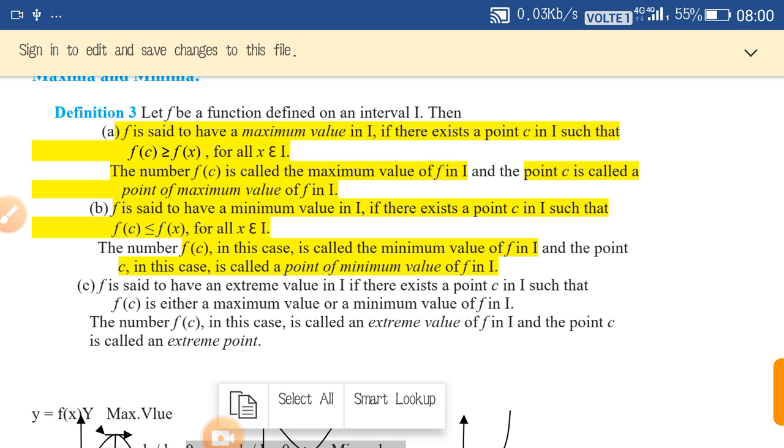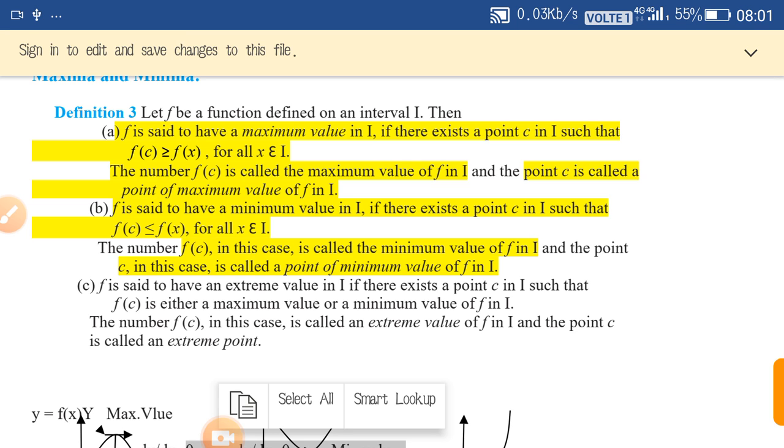Similarly, f is said to have a minimum value in interval I if there exists a point c in I such that f(c) is less than or equal to f(x) for all values x in I. That means we get the value of the function in the interval at so many points, and at a point c in the interval the value of the function is f(c), which is less than all other values of the function within the interval.